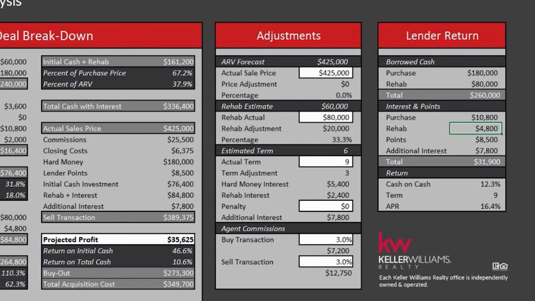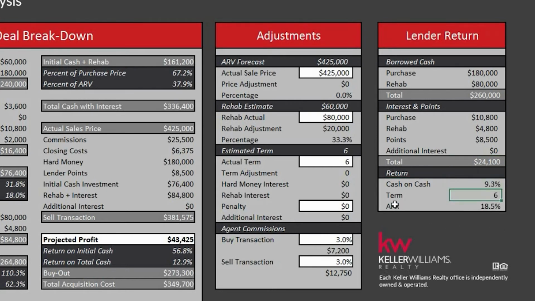Remember, in this example they got 2 points, another $8,500. And then, if we stayed to the original budget, we wouldn't have additional interest. That's if it went out an additional 3 months. But they're going to loan you $260,000 and they're going to make $24,000. That cash on cash return is 9.3%.